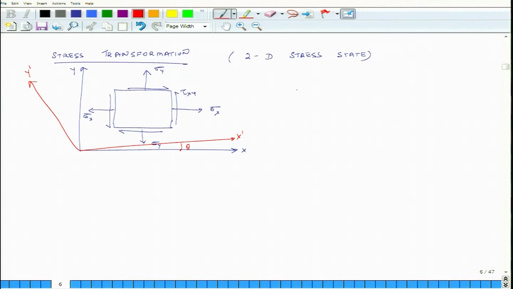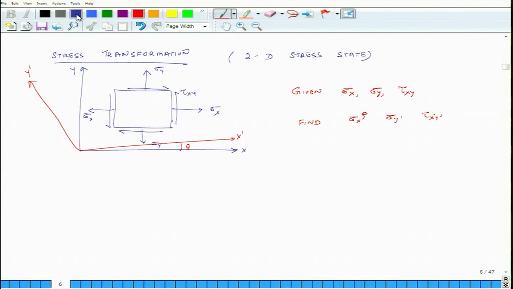So, the question is, given sigma x, sigma y, tau xy, find sigma x prime, sigma y prime and tau x prime y prime. This is what we are interested in figuring out.